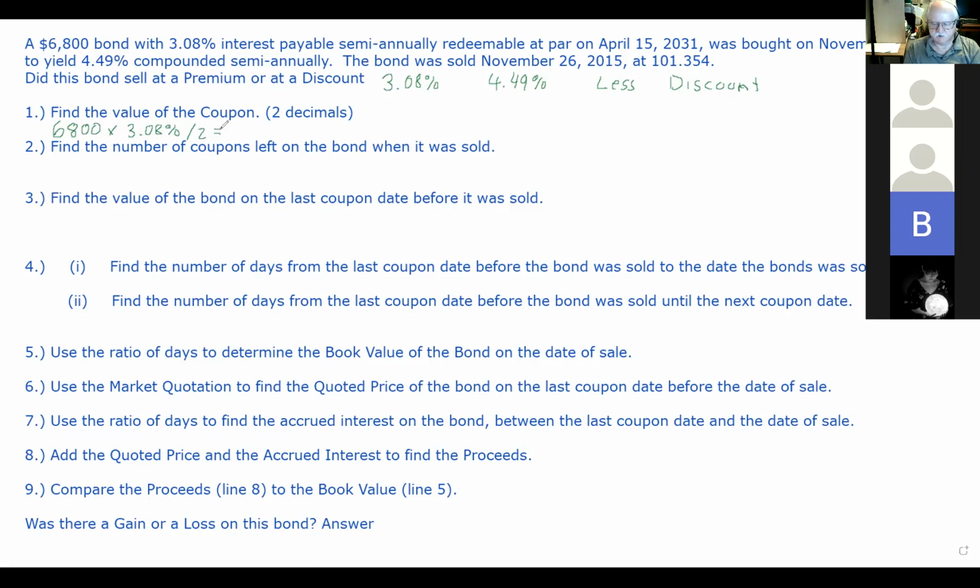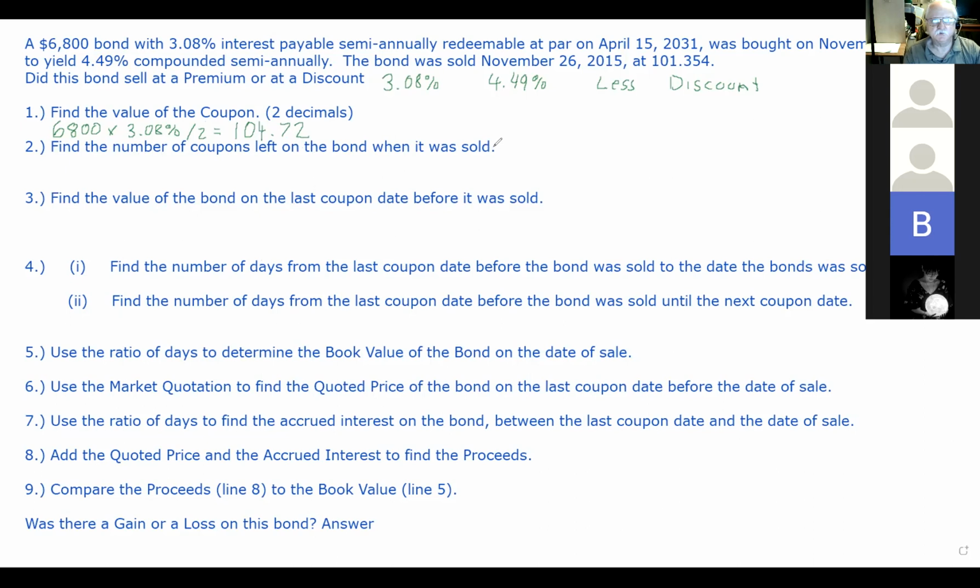See what that became. 3.08% divided by 2 times 6,800. 104.72. So that's our coupon.